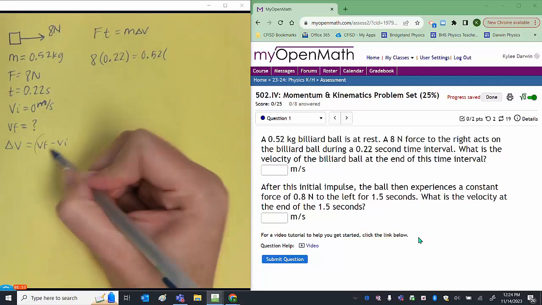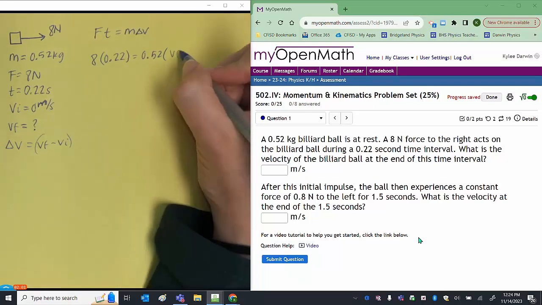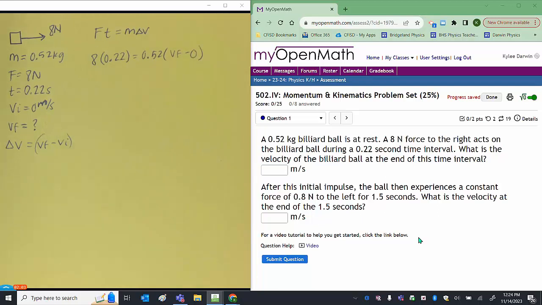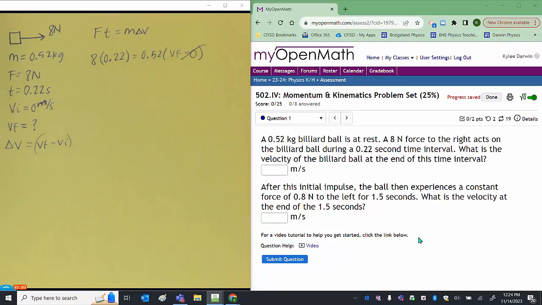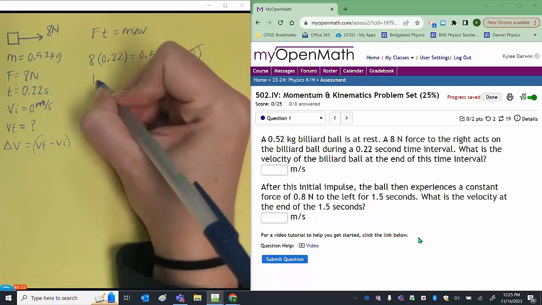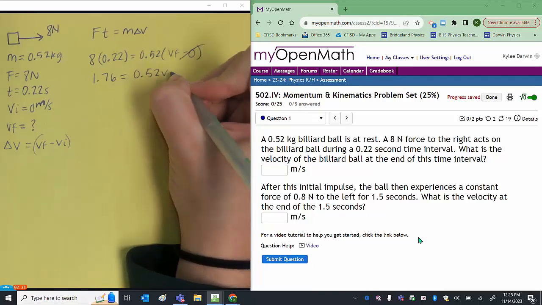So by substitution, I can put VF minus 0. If I'm subtracting 0, I can just get rid of that altogether. Let's multiply: 8 times 0.22 is 1.76 equals 0.52 VF.